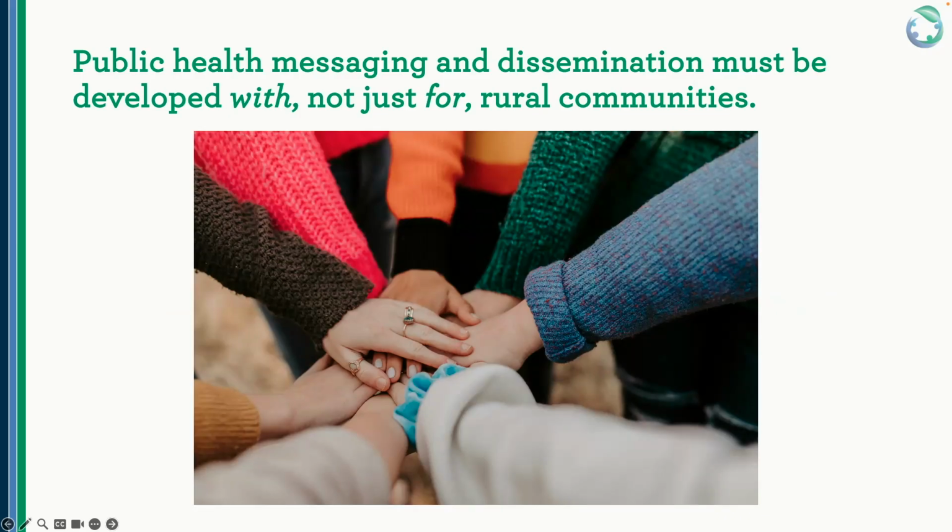It's important to remember that disseminating public health messages in rural communities involves much more than delivering information. This is not a one-way transmission. It's a two-way collaboration. In other words, public health messaging and dissemination must be developed with, not just for, rural communities.